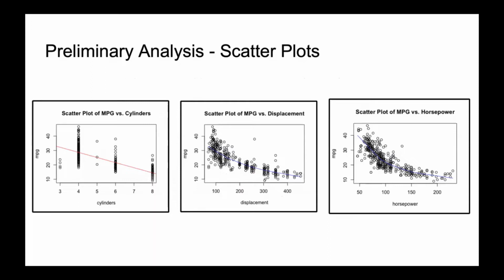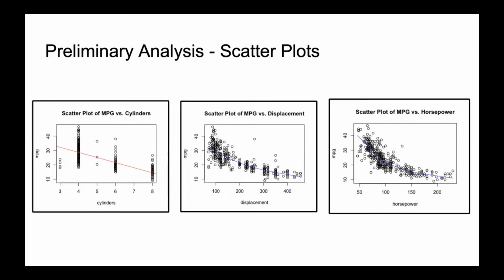So for our preliminary analysis, we're going to be looking at the scatter plots of each of the predictor variables and the response variable miles per gallon. On this first slide, we can see the effect that cylinders, displacement, and horsepower have on miles per gallon. In the last 2, we can see that there is an inverse and nonlinear relationship between the predictor and the response.